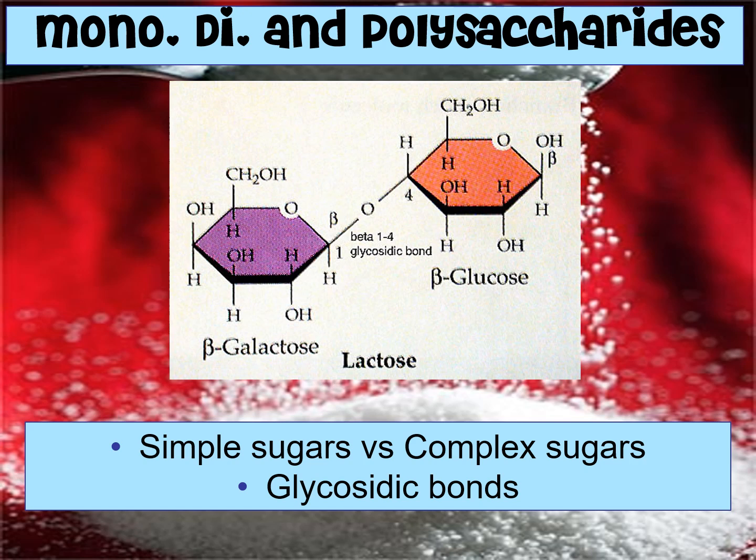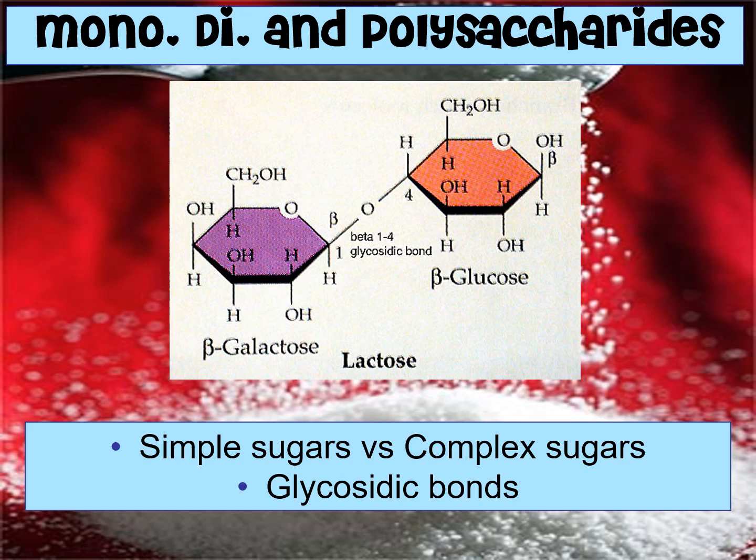When you put two of them together, you get a disaccharide. So a good example of that would be lactose. When you put glucose and galactose together, you make the sugar lactose. And of course, when you join those two monomers together, you have dehydration synthesis that occurs, so a water molecule is lost.